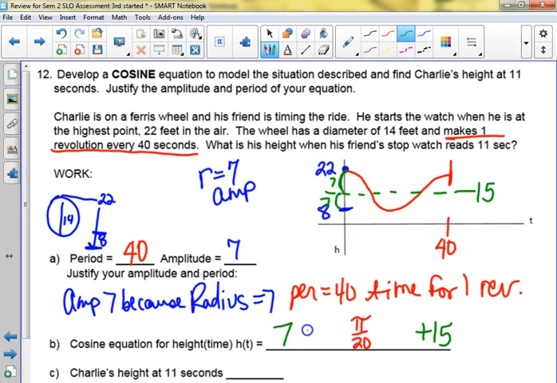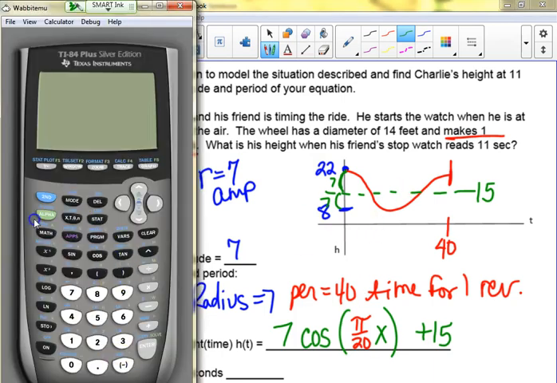What did you tell me you want to call this? Cosine. Do we need a phase shift? Someone was very generous to you and said we started timing at time 0, right? At the top. So we don't need a phase shift. Now, we could check this, graph it on our calculator and check.